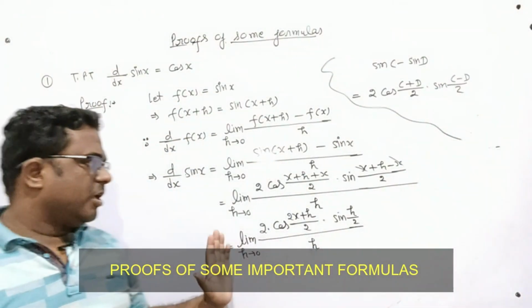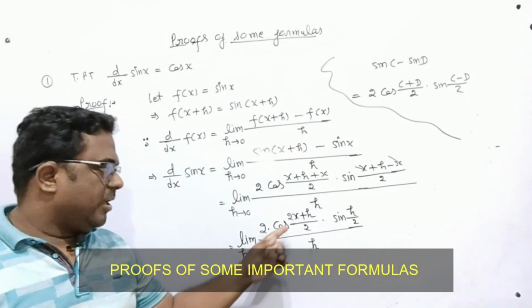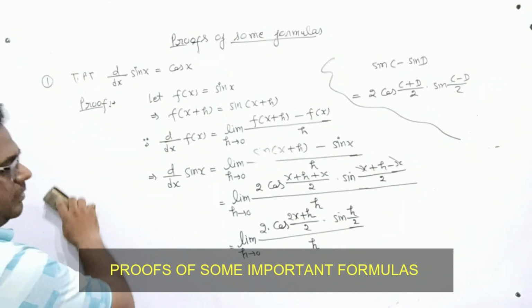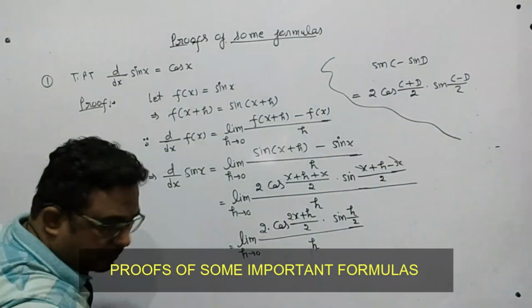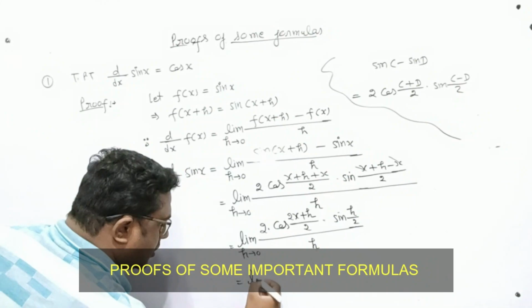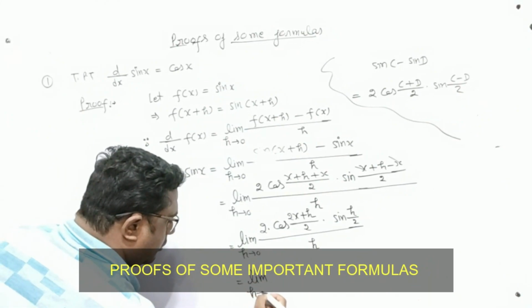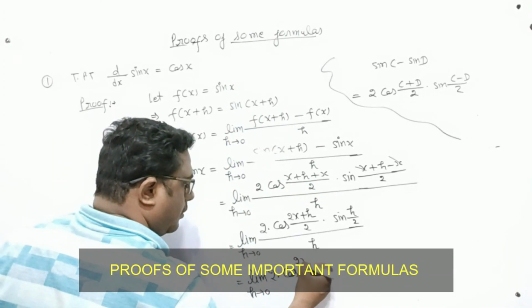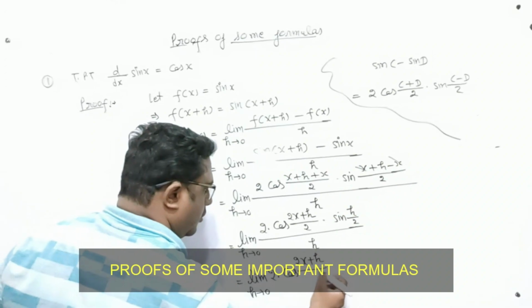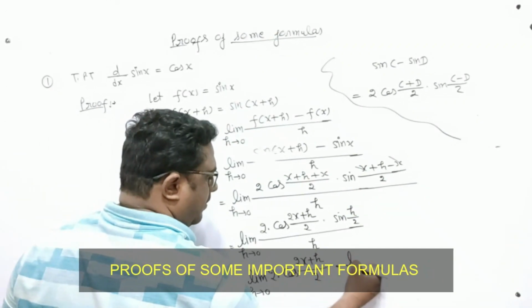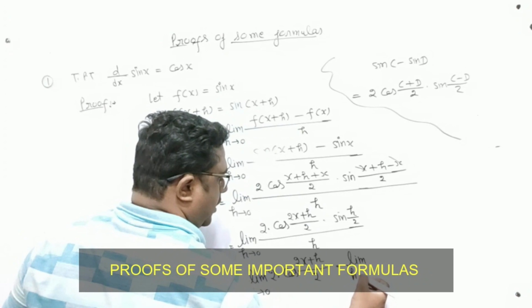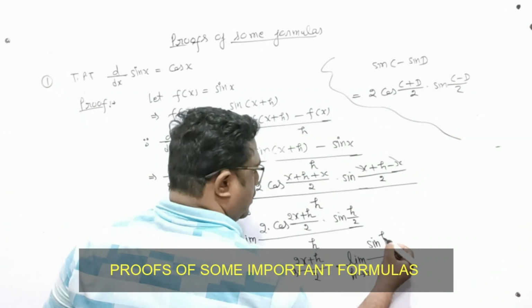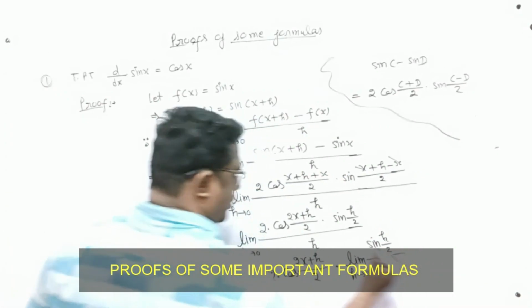Now I will distribute the limit separately with this part and separately with this part. Equal to limit h tending to 0, 2 into cos((2x + h)/2) into limit h tending to 0, sin(h/2) upon h.